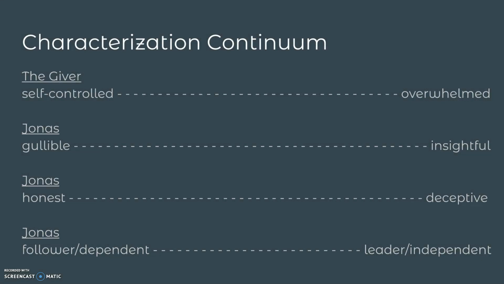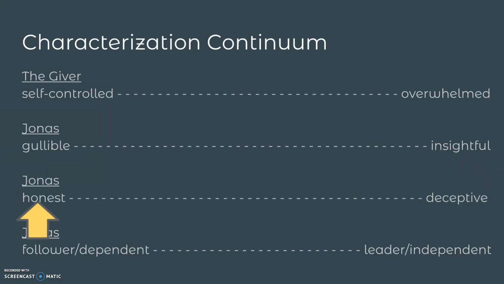So here are some examples of continuums. The Giver, you could say that he is self-controlled, but at other times he seems overwhelmed or somewhere in between. At the very beginning of the story, we might consider Jonas gullible, but as the story goes on, he becomes more and more insightful.